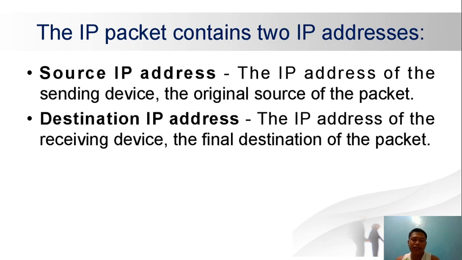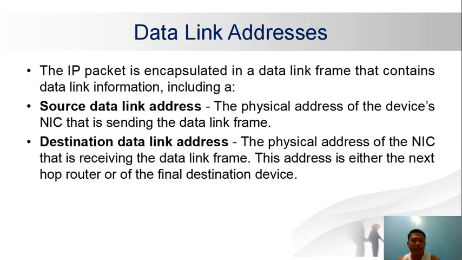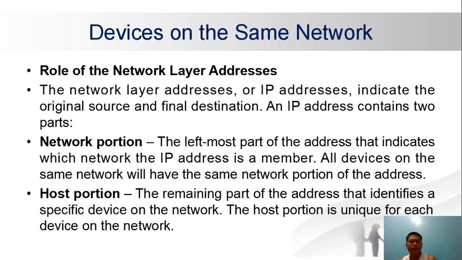The IP packet contains two addresses: the source IP address and the destination IP address. Data link addresses: the IP packet is encapsulated in a data link frame that contains data link information, including a source data link address and a destination data link address, for devices on the same network.